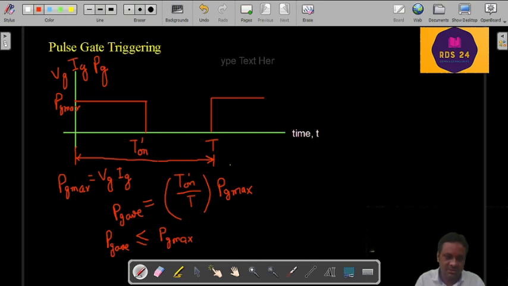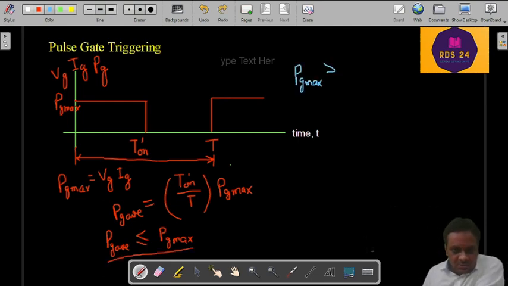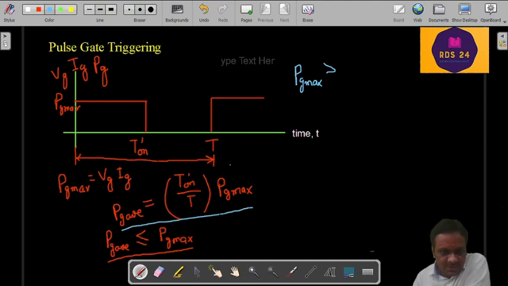It is always PG average less than or equal to PG max. Now coming to this relation, at this moment it is clear that the PG average is less than or equal to PG max when we are considering the pulse gate triggering.